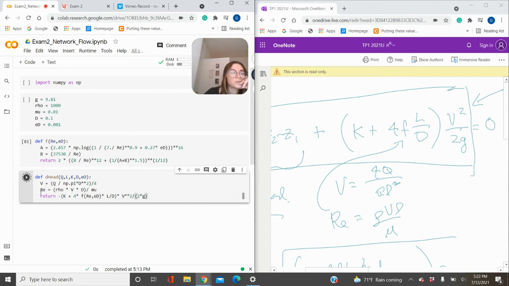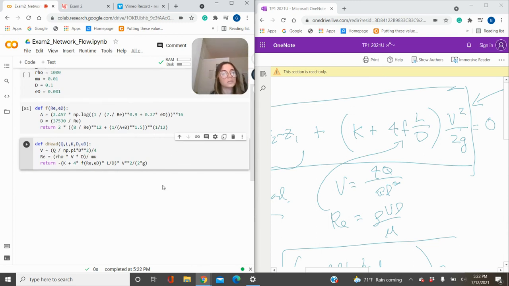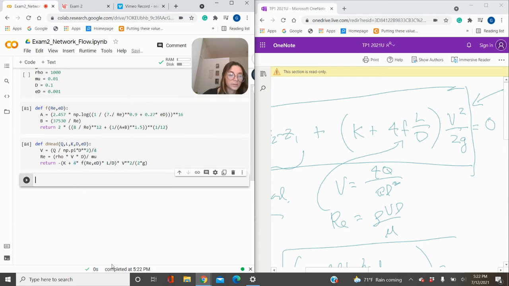Let's see if that works. All right, it's saying it's good, so we're going to test it. Our function of delta head. We're just going to give it some numbers for the flow rate, the length, and the K value, but we do know our diameter and our roughness factor.